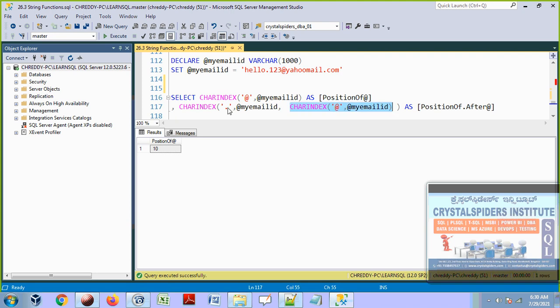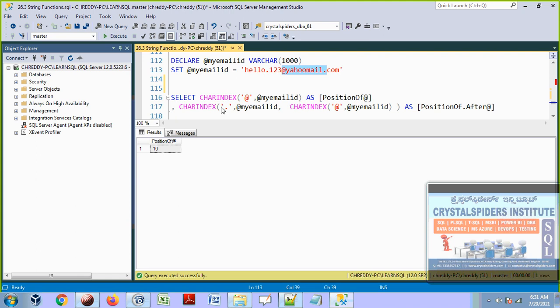So I am looking for the dot symbol in the my email ID variable from the position 10, including 10 also, guys. That means from this at the rate symbol onwards you can start looking for dots. So now let's count 10, 11, 12, 13, 14, 15, 16, 17, 18, 19, 20.